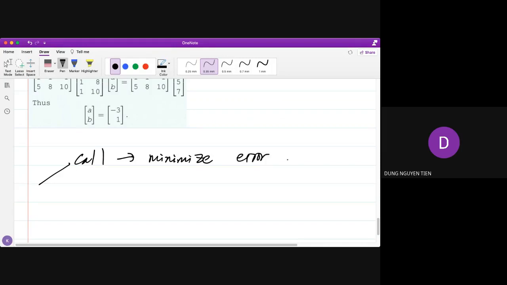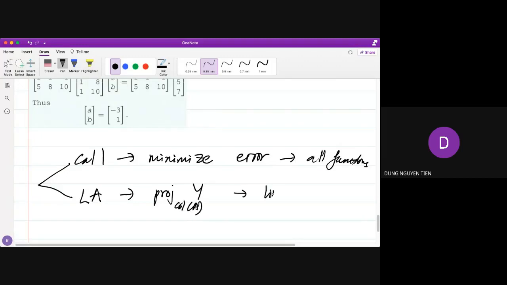And then you can get the answer, and you can apply this for any kind of function. You can also use linear algebra to get the projection of the vector on the column space of the matrix A. All right, and you can apply that for just a linear model.